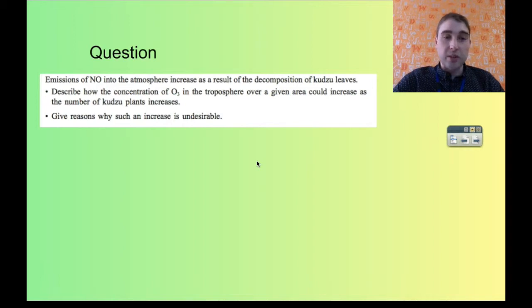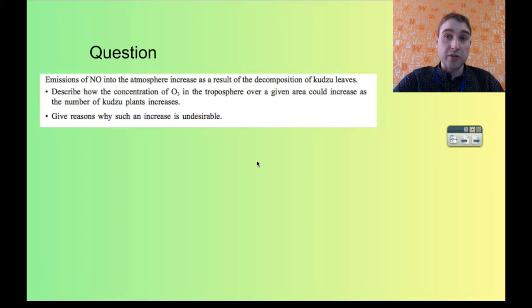You could have any of the equations we've had that go to the production of ozone. So nitric oxide plus oxygen going to nitrogen dioxide, going to nitric oxide plus the oxygen radical, then the oxygen radical reacting with oxygen gas to produce ozone. Any of those would be handy to have in there. You want to talk about what's happening in those reactions, not just writing the equations.